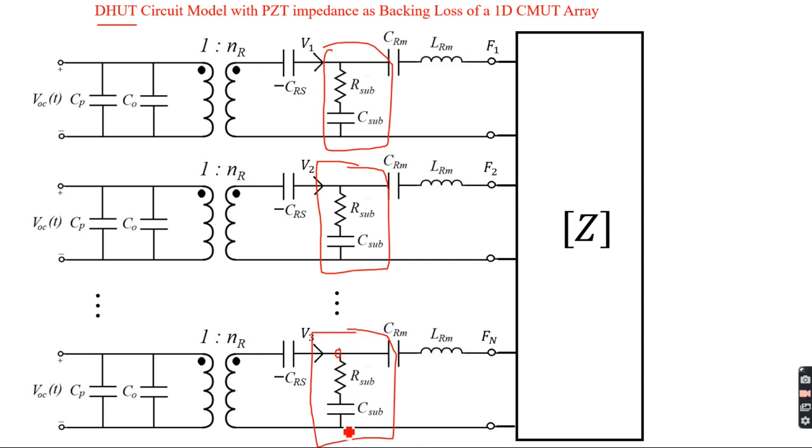The backing port is over here. This is the acoustic backing, and you have to include the loss due to the backing, and that comes across the transduction force, which is over here. Not the transduction force, not the acoustic force. The acoustic force is over here. These are the acoustic ports. So you have to include this with the transduction force. So transduction force FR is over here. That's the force port. And you have to include across this port the effect of the backing impedance.